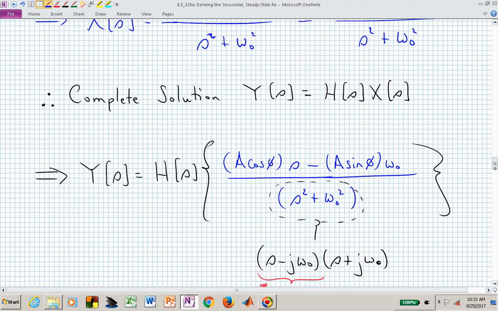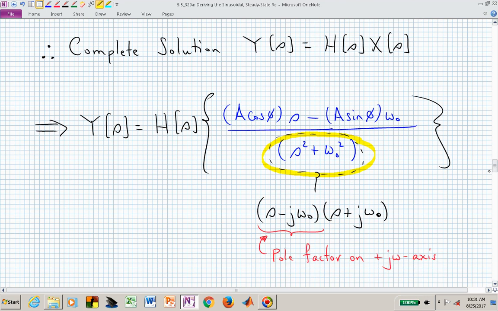The only thing, now that I have this dashed highlight around the denominator, what I'm reminding myself of is the fact that s squared plus omega naught squared can be factored into its two pieces, where one factor has a root at plus j omega naught, which is what I've highlighted in red. That's the pole factor on the plus j omega axis.